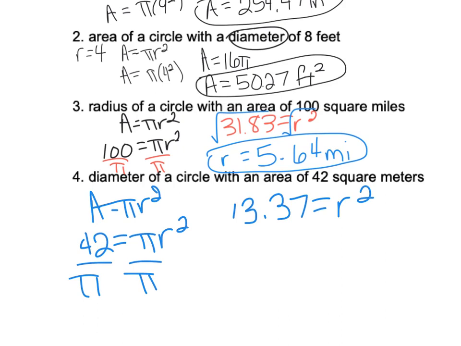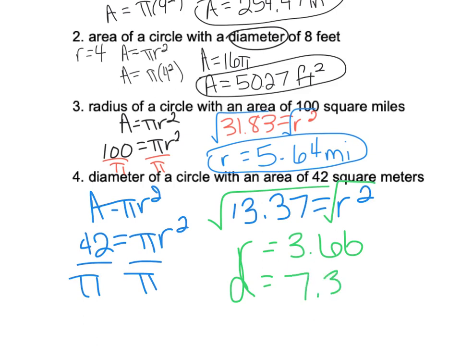And again, we don't want r squared, we want r. So I'm going to take the square root of both sides, and I get that the radius is 3.66. However, it does not ask what the radius is, it asks what the diameter is. The diameter is twice that, so the diameter, d, is going to be 3.66 times 2, which is 7.32.